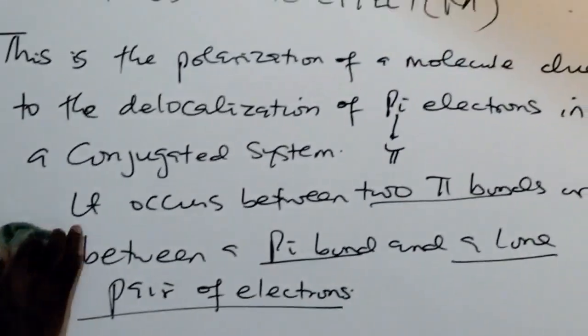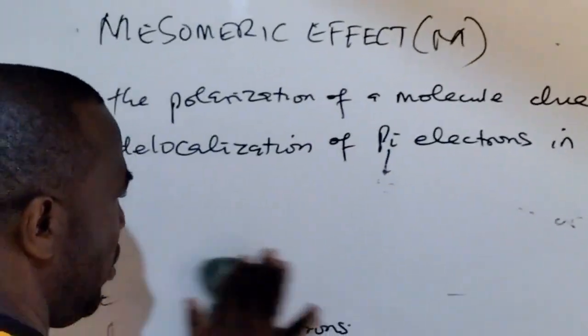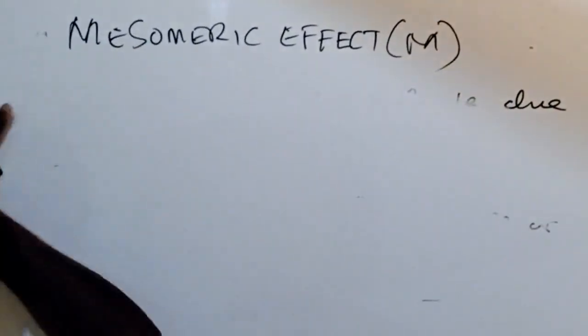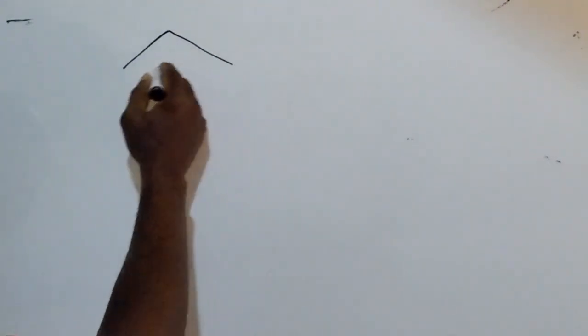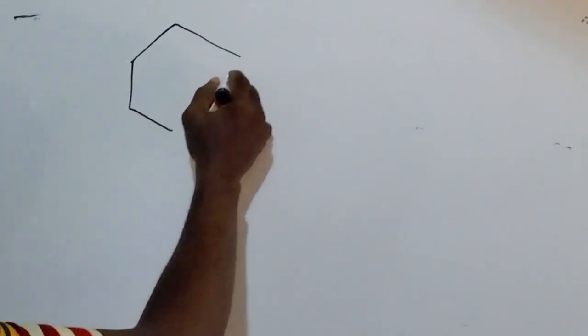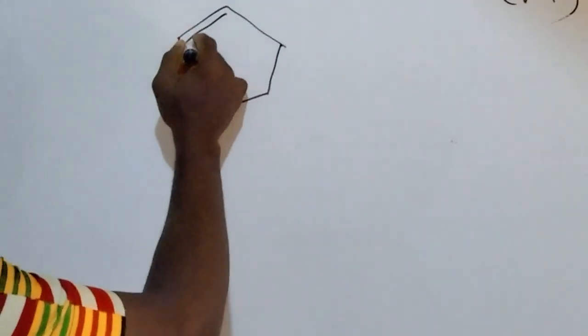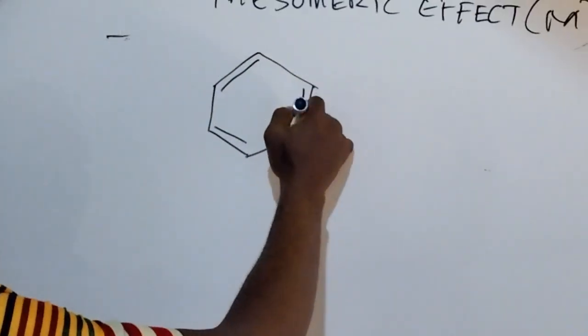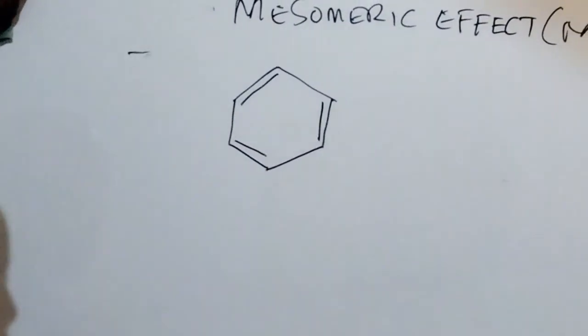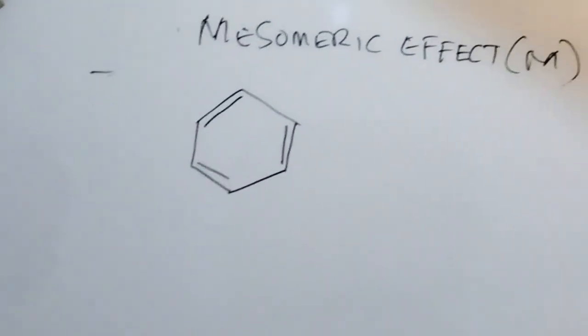So what do we mean by a conjugated system? It's a system whereby the single bond and the pi bond alternate with each other. For instance, let's look at benzene. Resonance will occur in benzene. Why is this? Look at the benzene structure. Benzene is planar and is also conjugated.